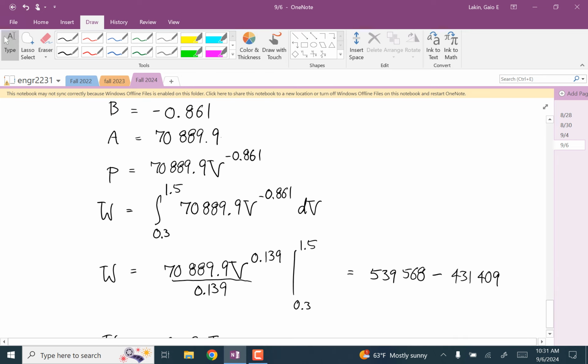Everyone following the thought process so far? Okay, it didn't ask for that. It asked for the change in internal energy.